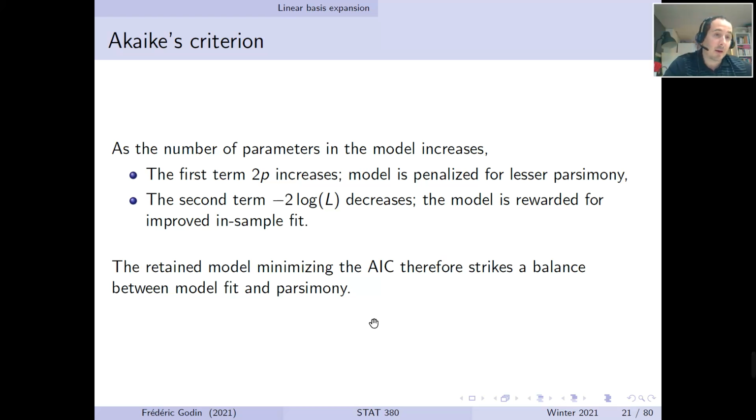By minimizing the AIC criterion, finding the right amount of flexibility, for example the right value of p or the right value of capital K for KNN, the retained model will be the one minimizing the AIC, so it should strike a good trade-off between parsimony and accuracy.